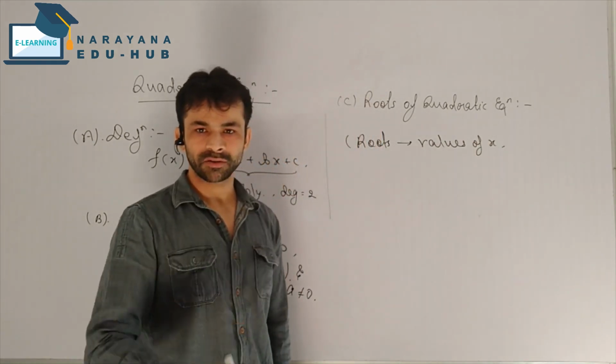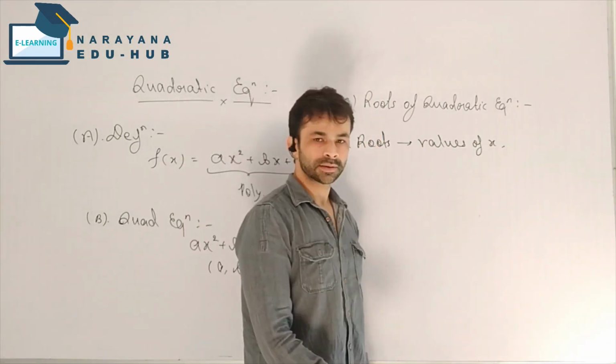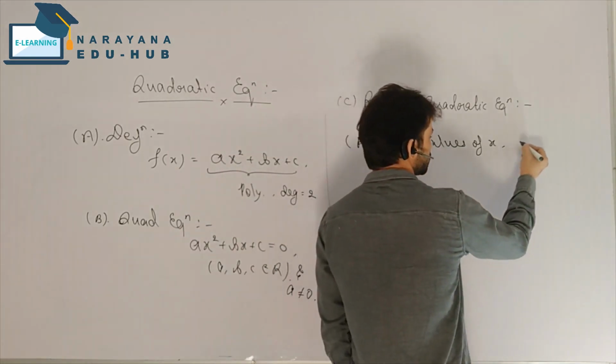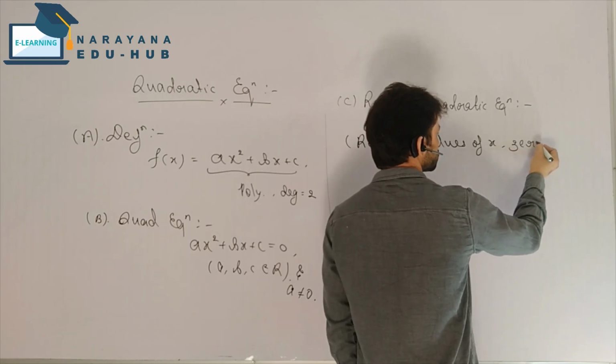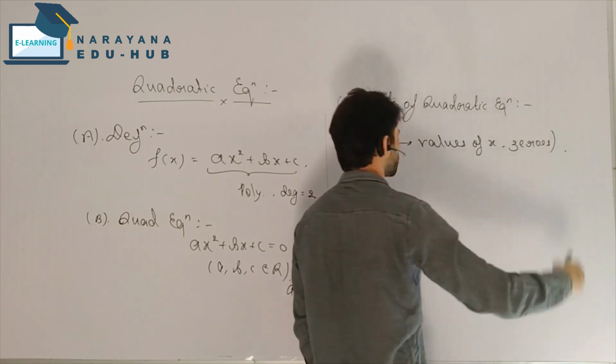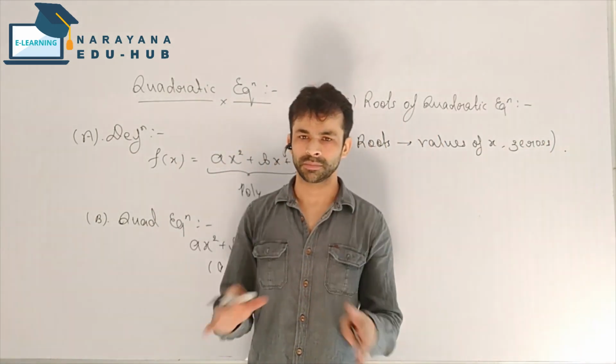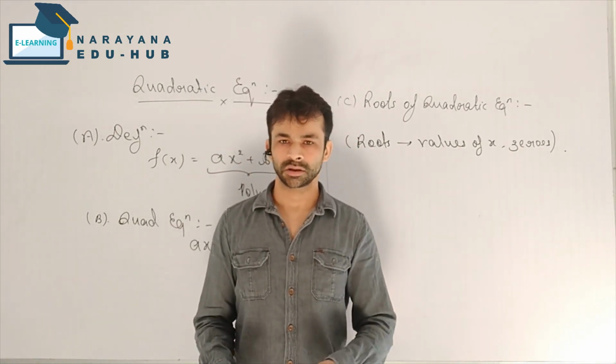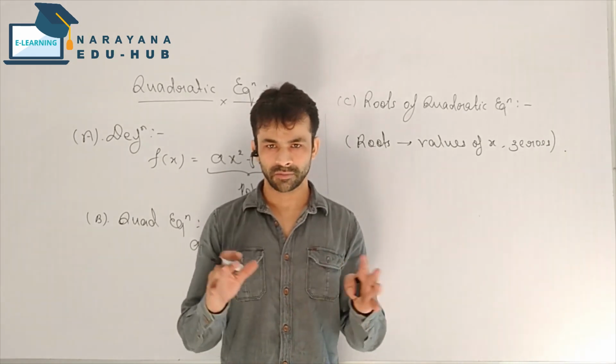If you want to relate with your lower classes, whatever you have studied earlier, you can write zeros. That's the same. Whether I say zeros, roots, or values of x, everything is the same.